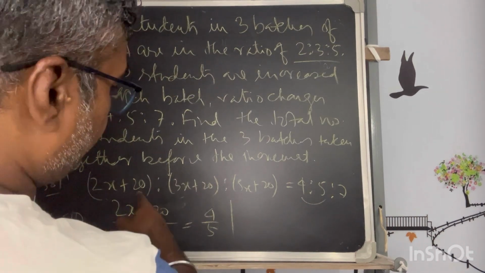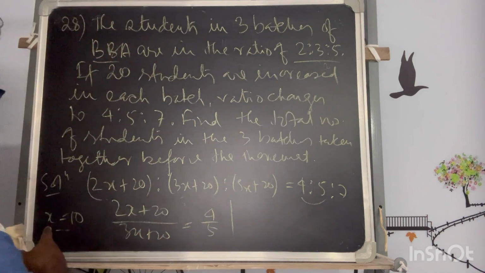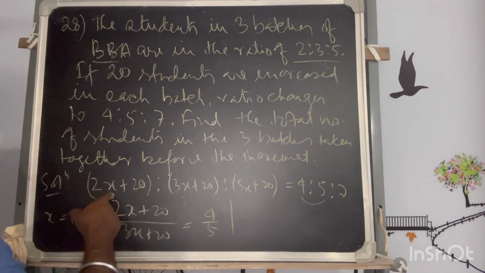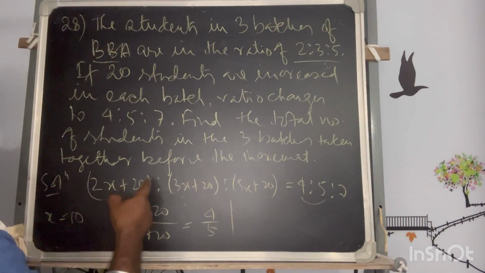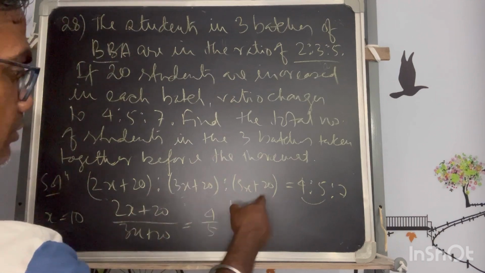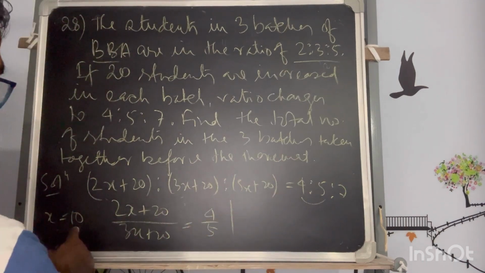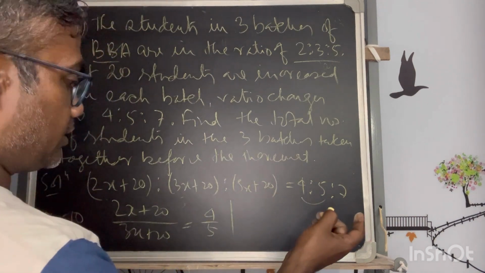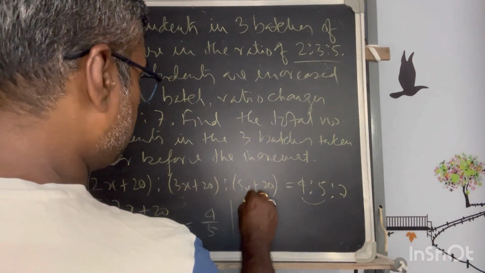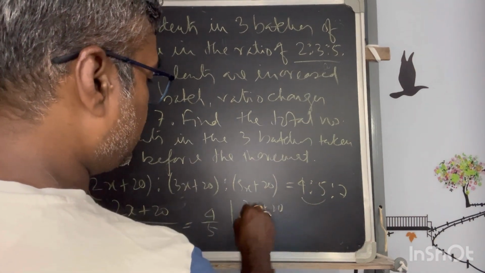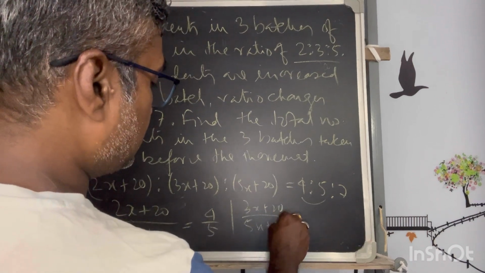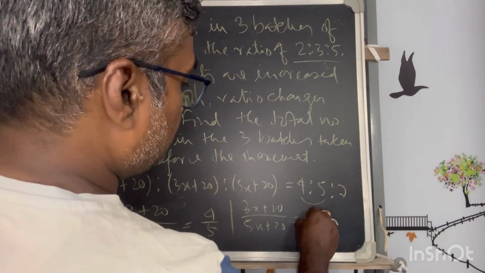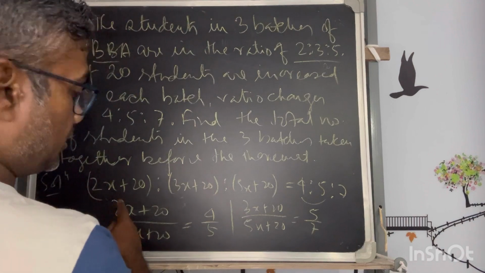Any of these two ratios, if you equalize, you will get the answer, because there is only one unknown x. You can equalize the other one to cross check the answer. If you take this one, then also you will get the answer, but you need only one equation to solve one unknown.